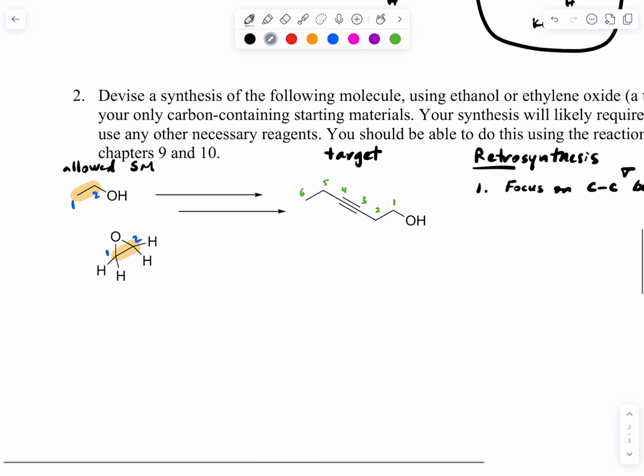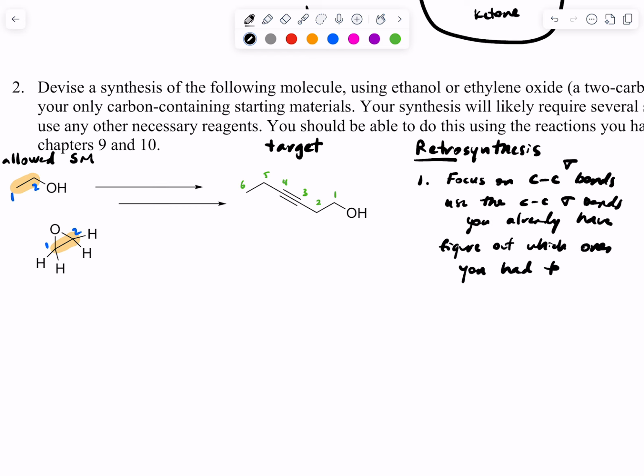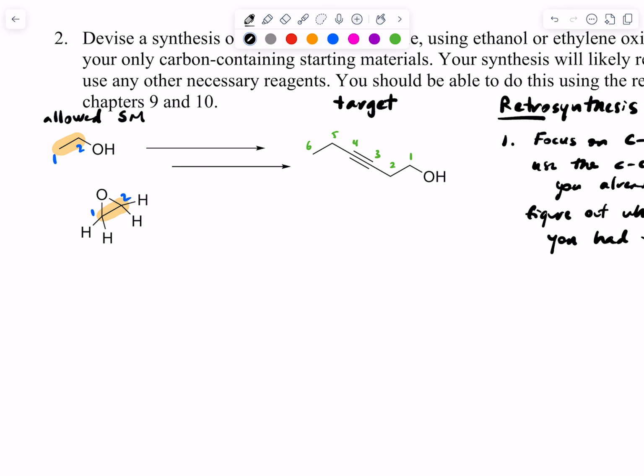Use the carbon-carbon sigma bonds you already have. And then figure out which ones you had to have made. So if I look at the product, I can see that 6 carbons divides neatly into 3 2-carbon chunks.